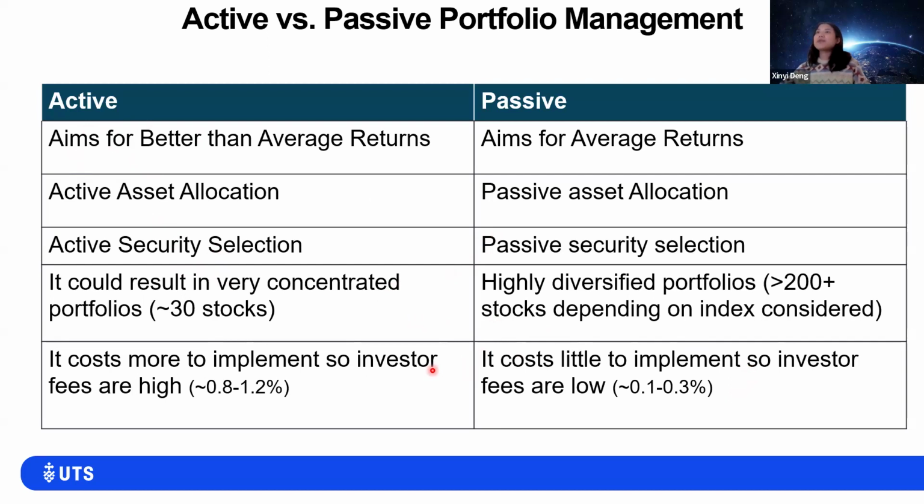Because we always want to look for the superior asset classes at the moment and the superior securities at the moment. So we have to do lots of transactions, and this will lead to high transaction costs, and as a result, high investor fees. And the investor fees are approximately 0.8% to 1.2%.